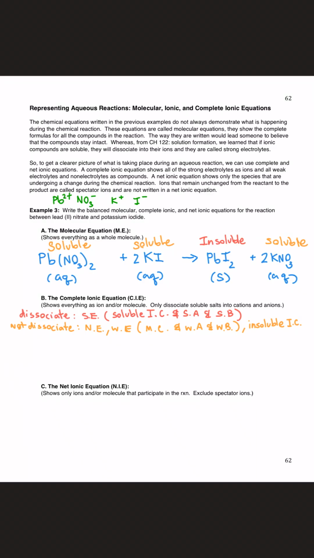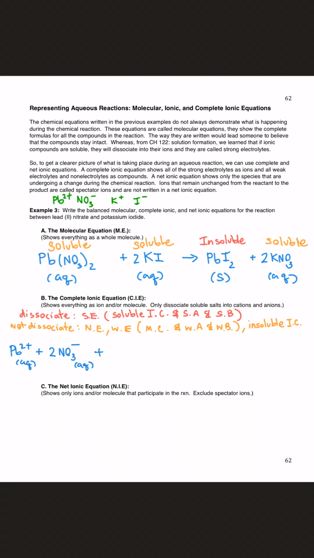To dissociate lead nitrate, the result would be a lead 2 plus ion. The physical state stays the same, aqueous, plus lead nitrate contains 2 nitrates. Therefore, when it dissociates, the 2 becomes the coefficient of the nitrate ion in the aqueous solution.